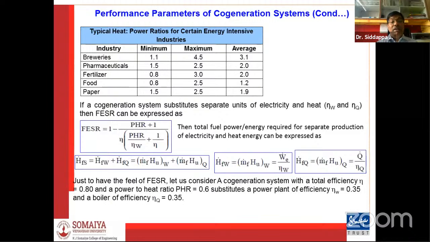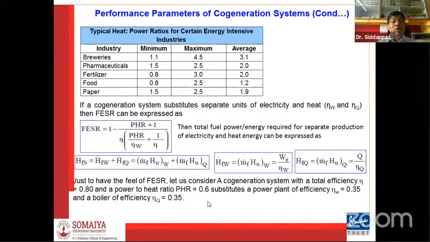And just to have a feel, what does your FESR indicate? Let us consider a cogeneration system with a total efficiency eta of almost 80% and a power to heat ratio PHR of 0.6. Substitute these values for a power plant whose efficiency equivalent to electrical energy and efficiency equivalent to thermal energy is 35%.